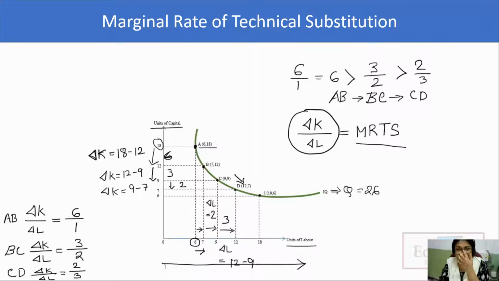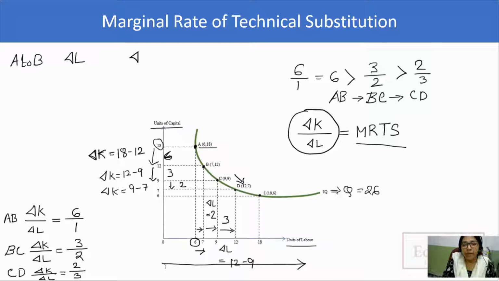This MRTS we can also explain alternatively. For example, if we move from A to B, some amount of labor we are increasing, and some amount of capital we are sacrificing.